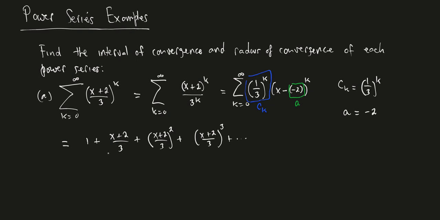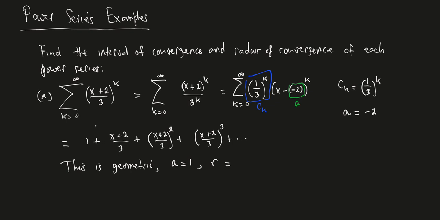Because this looks to be geometric, this is geometric. The first term is 1, and then the question is, what is our r? Well, it looks like to get to the next term, we keep multiplying by the quantity x plus 2 over 3.